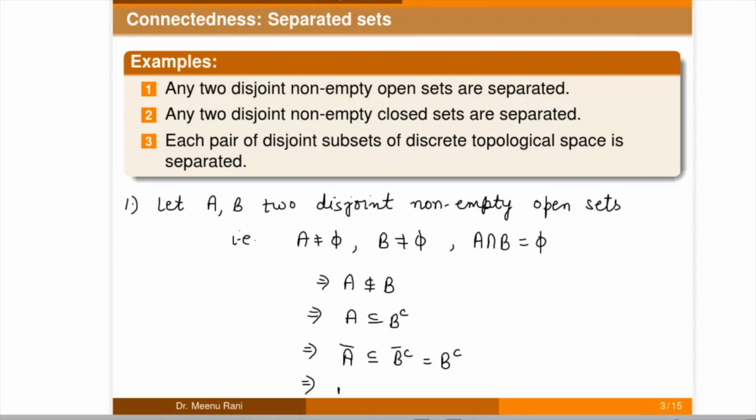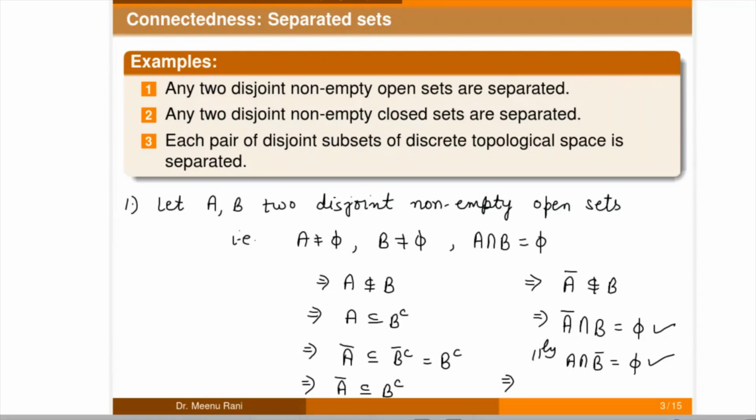Which implies that A closure is contained in B complement, which further implies A closure is not containing B. So here we can write A closure intersection with B is empty. Similarly we can say that A intersection B closure is also empty. So these two conditions of the separated sets are satisfied, and A and B are separated.